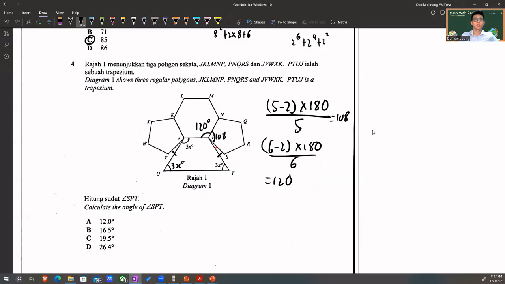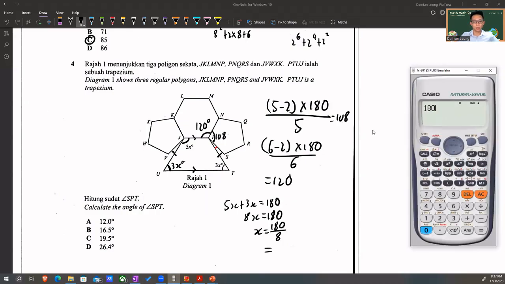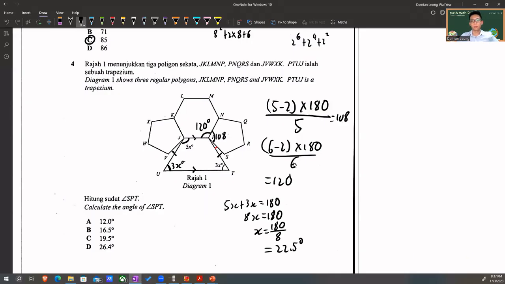These two should add up to 180 degrees, because in a trapezium these two sides are parallel, so the interior angles should add up to 180 degrees. 5x plus 3x equals 180. 8x is 180. x will be 180 divided by 8, which is 22.5. So 5x will be 5 times 22.5.